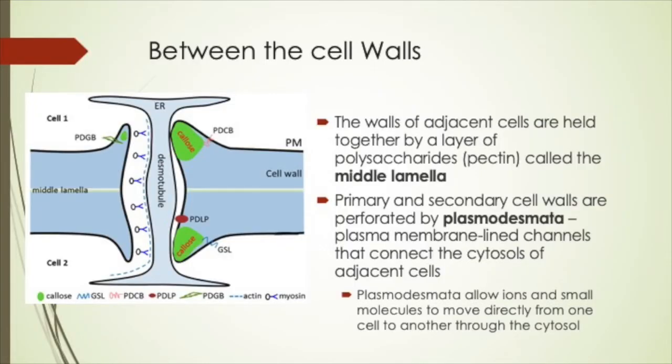Between each cell wall, there's what's known as a plasmodesmata. So whenever a plant gets water, it can transport that water between each cell, or minerals, or whatever it needs to transport. But it's selective, right? So the ER, the endoplasmic reticulum, goes between each cell.